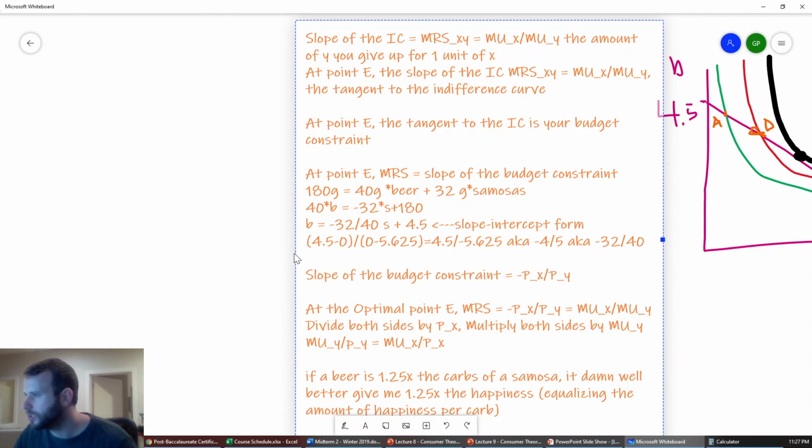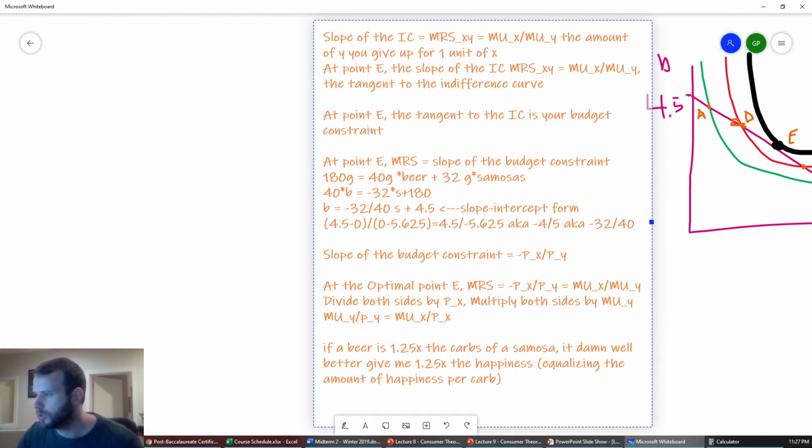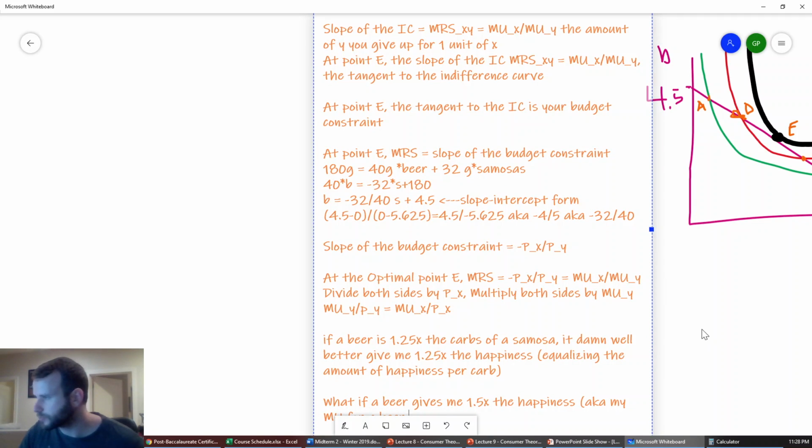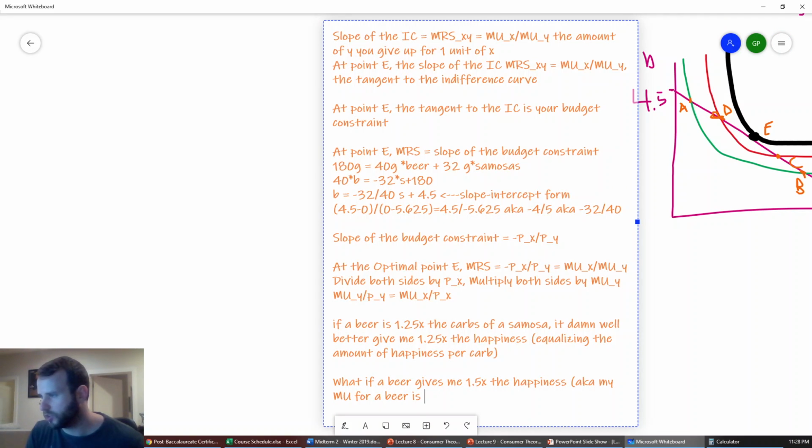All right. So, what if a beer gives me 1.5 times the happiness? Okay, aka my marginal utility for a beer is 1.5 times my marginal utility for a samosa.